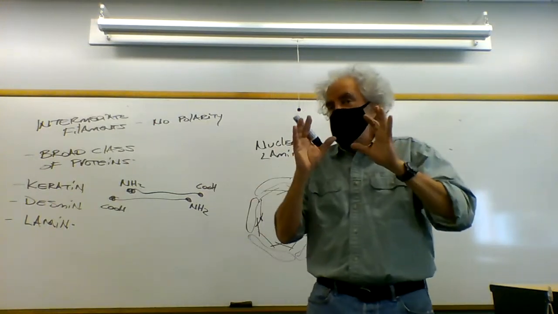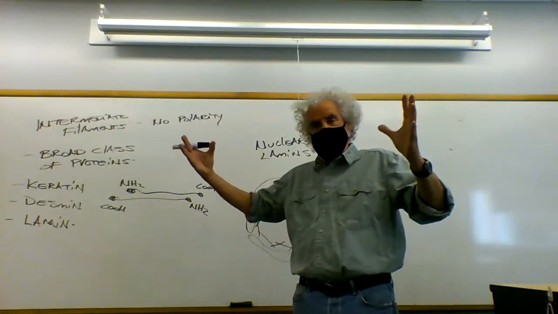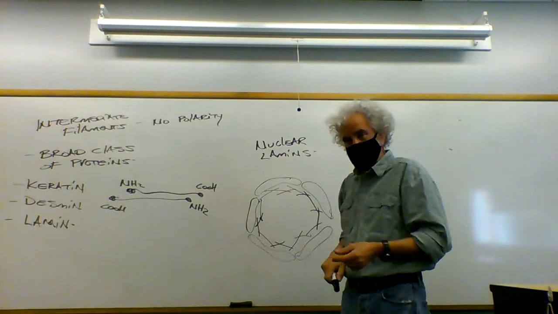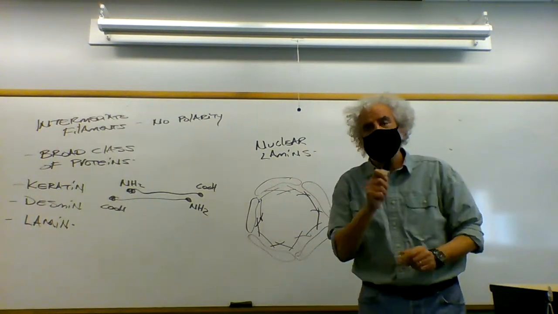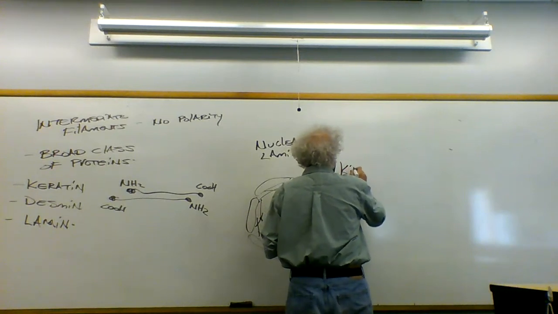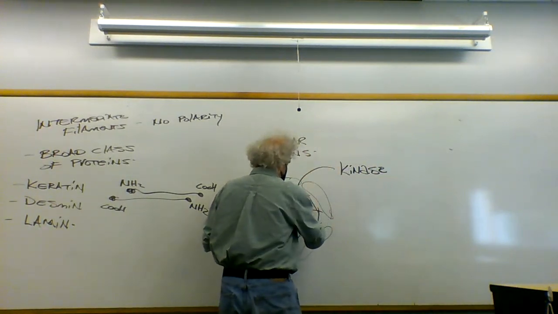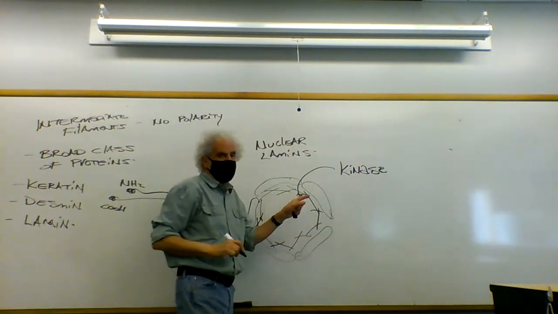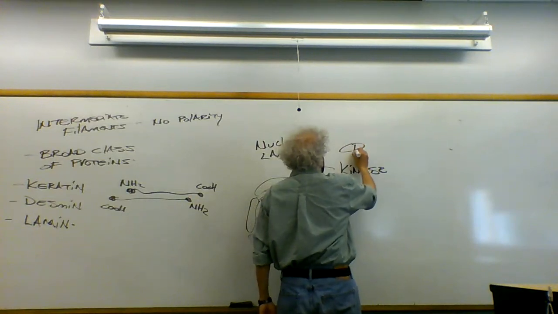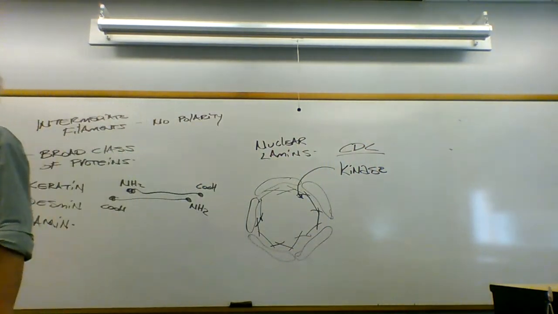And one of the things that tells you a cell is going into mitosis is that you begin to see the chromosomes condense and you see the dissolution of the nuclear envelope. That dissolution occurs because there is, in fact, a kinase that is able to phosphorylate the nuclear lamins. It's a kinase known as the cell division cycle kinase, the CDC kinase, not the Center for Disease Control.